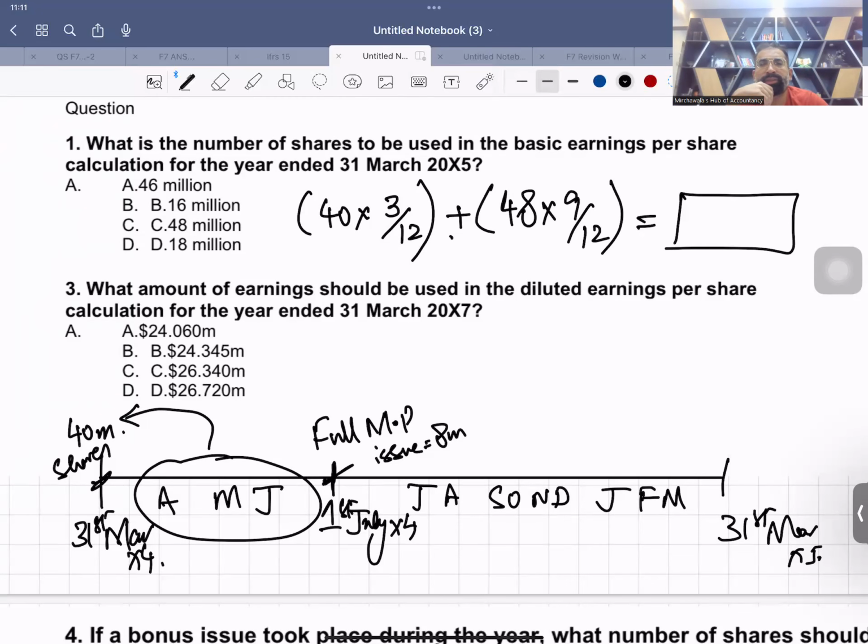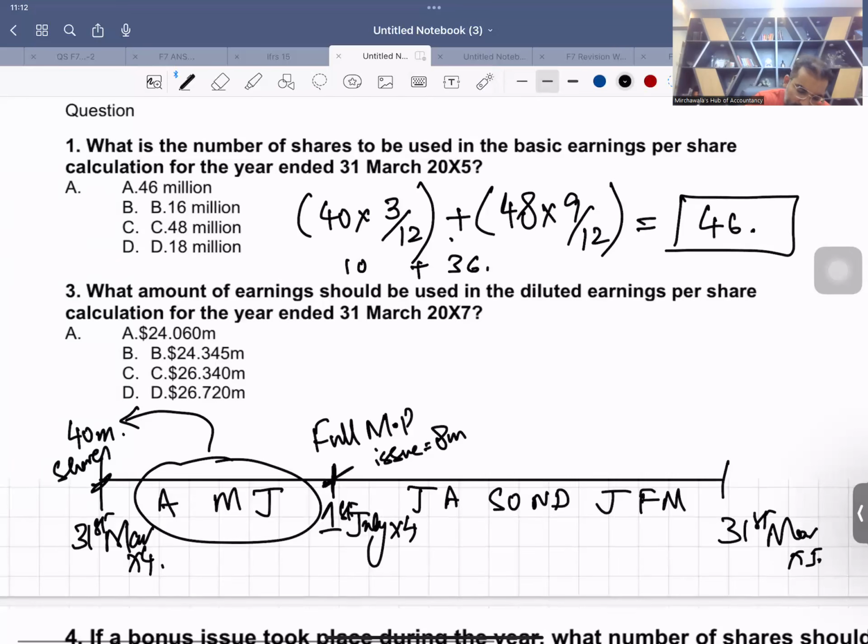What is the number of shares to be used in the basic earning per share for the year ended 31st of March X5? 40 into 3 upon 12 is 10. Plus 48 into 9 upon 12 is 36. So this makes 46 million. A is the answer. 46 million is the answer.